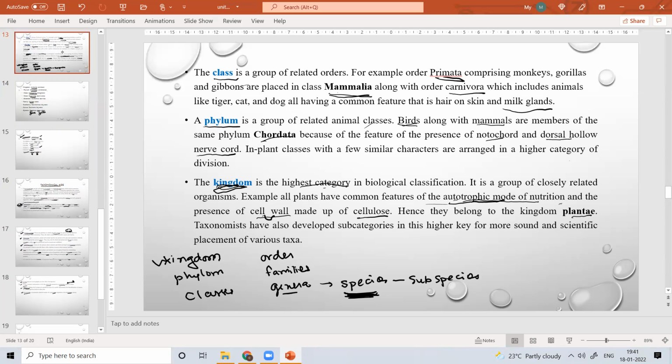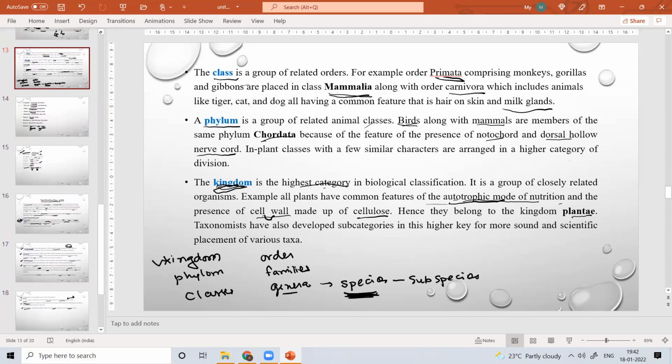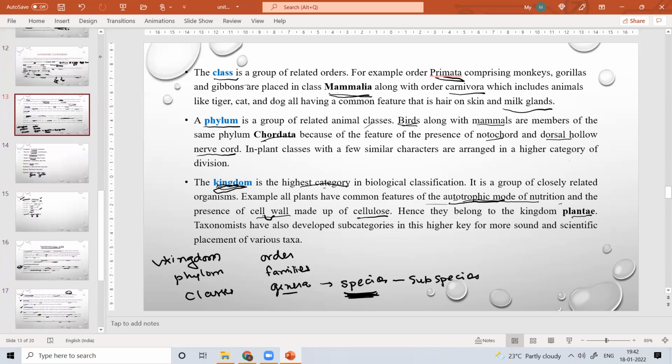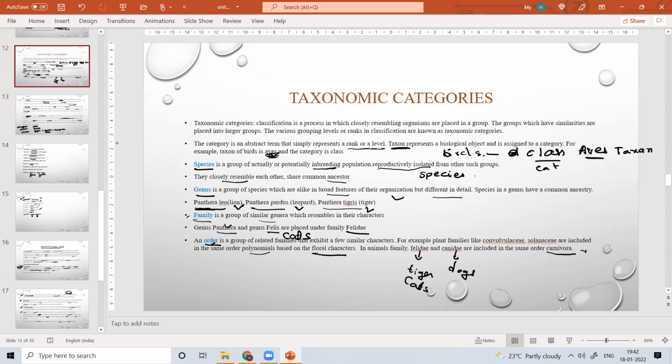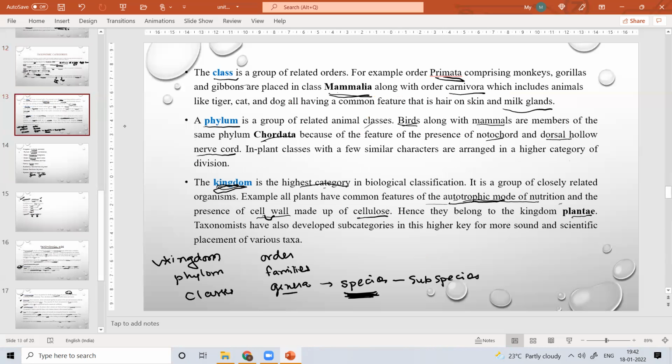And these are the taxonomic categories. So here, what are those? We have 5 kingdoms: Monera, Protista, Animalia, Fungi, Plantae. These are the basic kingdoms.